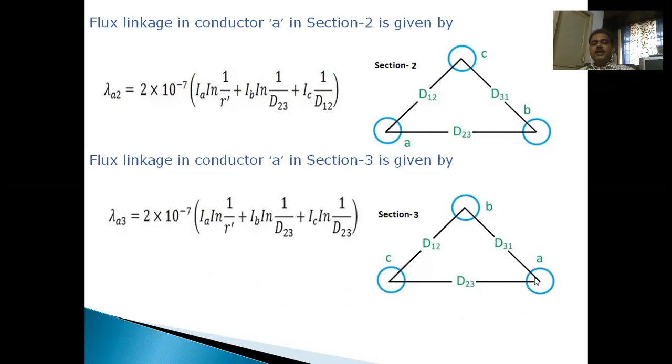Now, if we take the flux linkages in conductor A due to current passing through this conductor and similarly the current passing through the other two conductors, that is IA ln 1 by R dash plus IB ln 1 by D23. Here I think I have written some mistake.